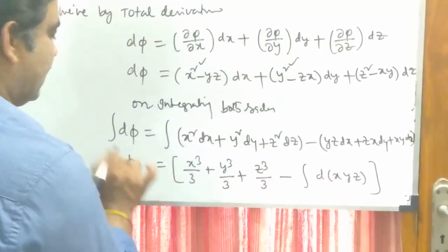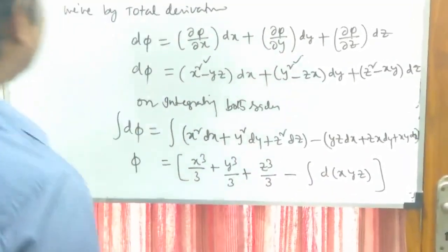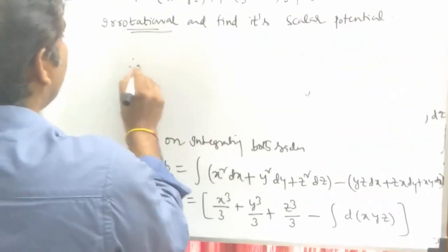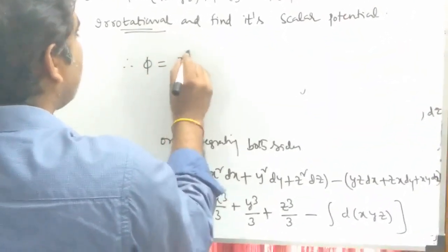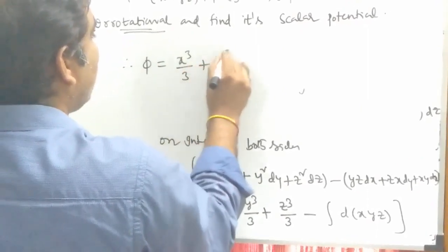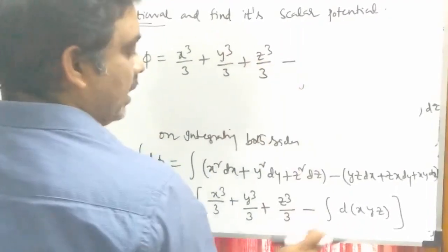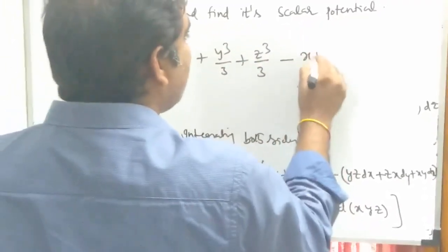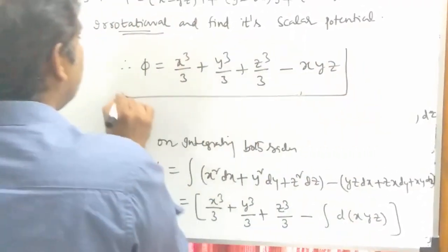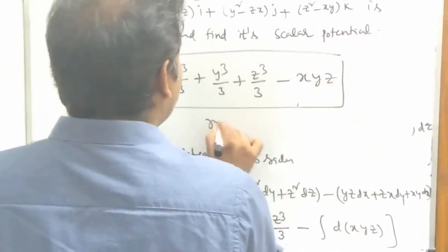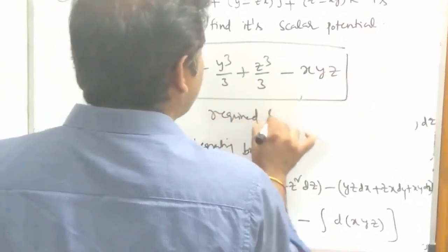On the left hand side it is phi. Therefore phi is equal to x cube by 3 plus y cube by 3 plus z cube by 3 minus integral d of xyz, which is nothing but xyz, which is the required scalar potential.